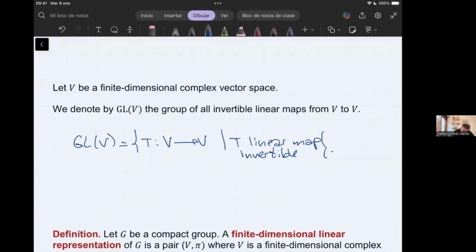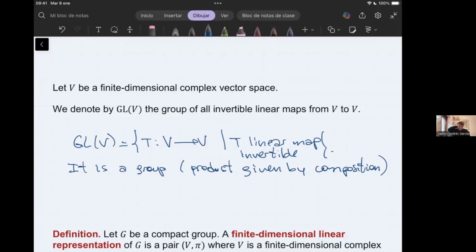So clearly it is a group by composition, and the inverse is given by composition again, because they are invertible linear maps, where we have the inverse.